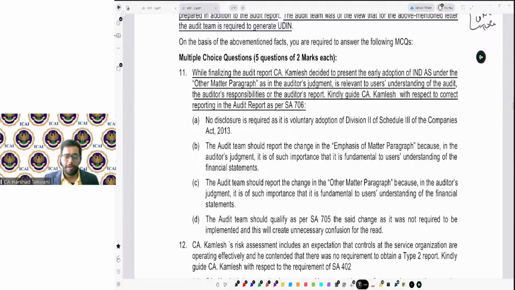So you need to think about what the impact of early adoption is and where it will impact. And accordingly, you can decide the answer here.